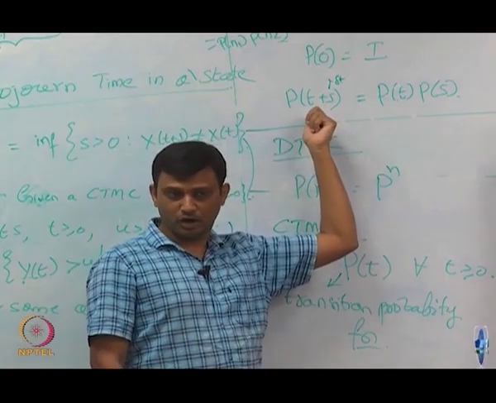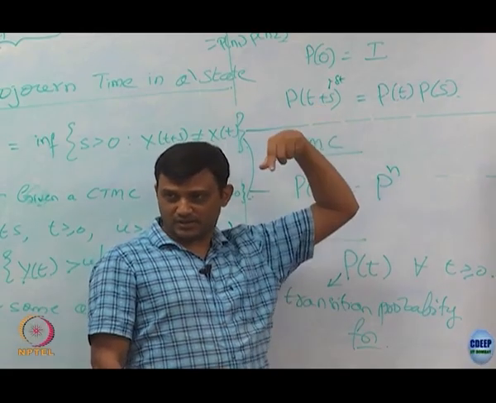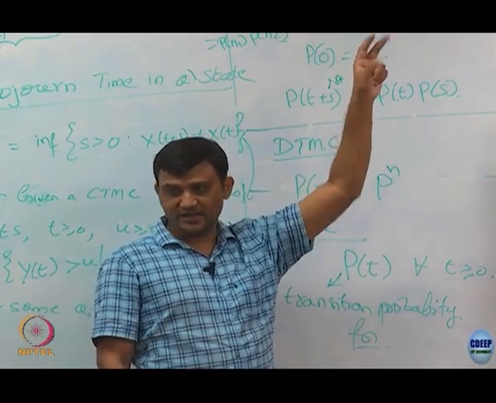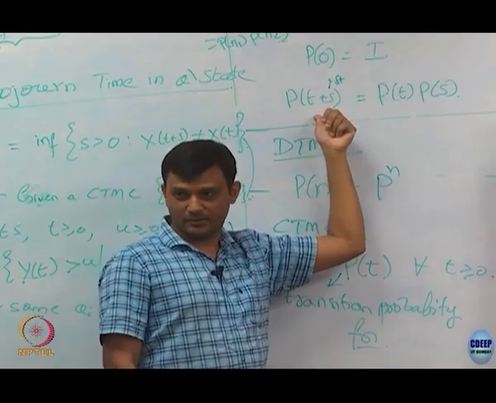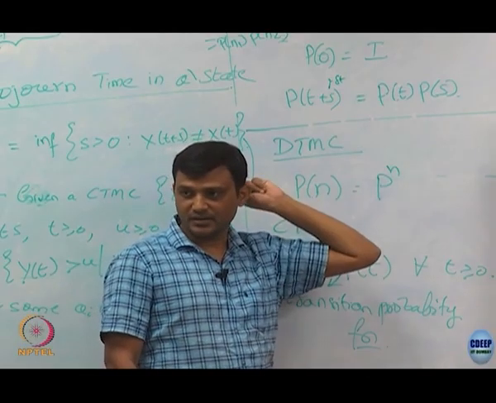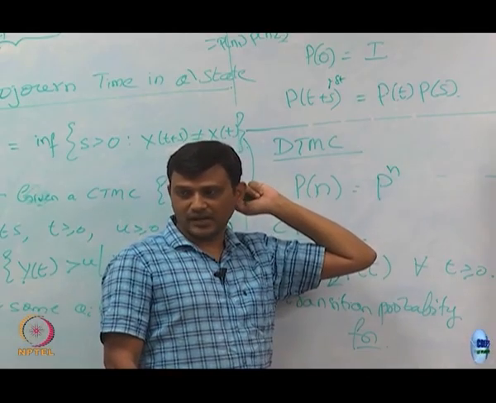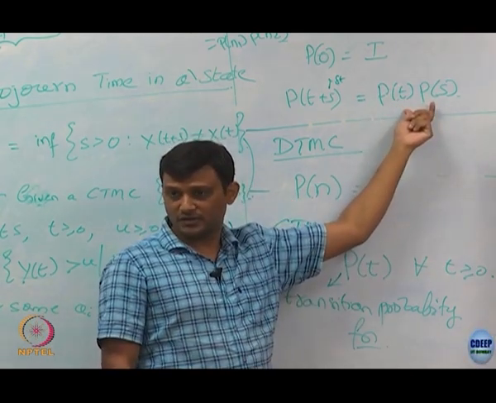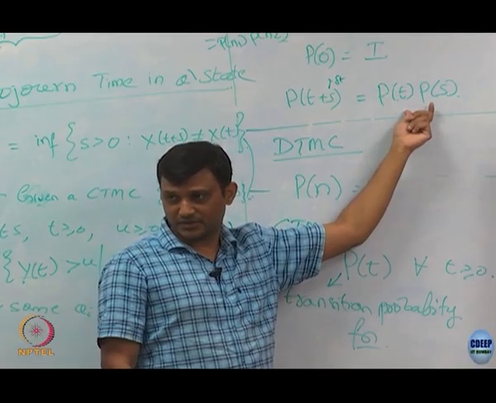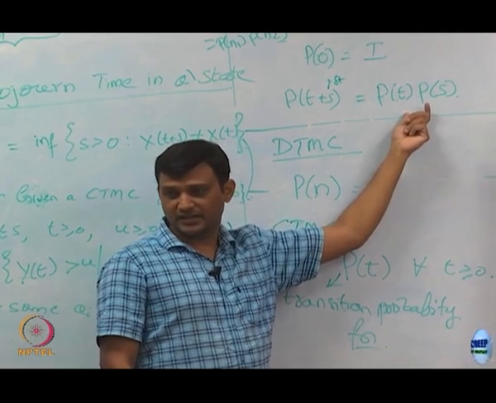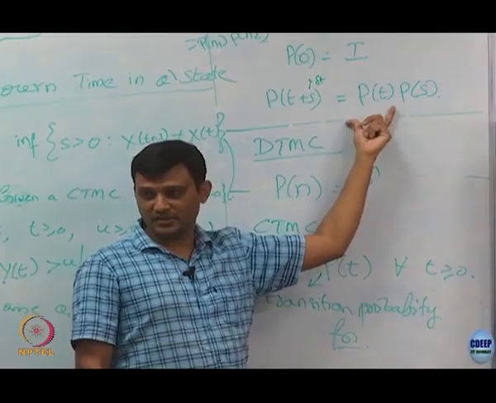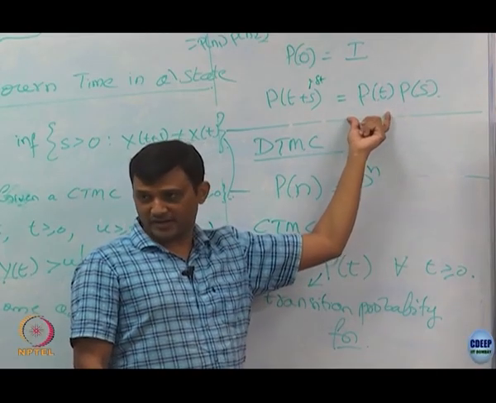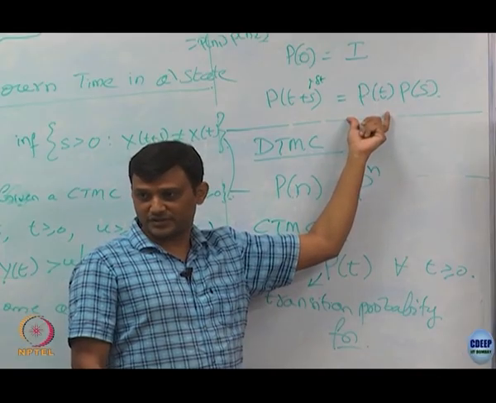It is the probability that, given some state at time 0, you are going to be in some other state at time t plus s, right? And I am going to express it as a product of these two terms. Do you feel that the only possibility is that all these probabilities are going to be exponentially distributed?